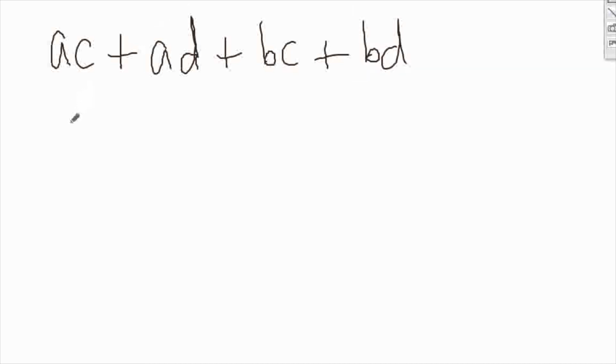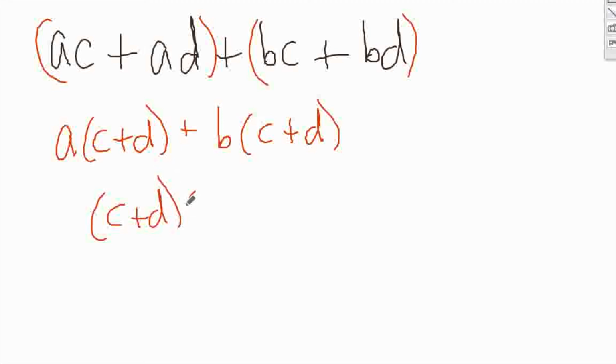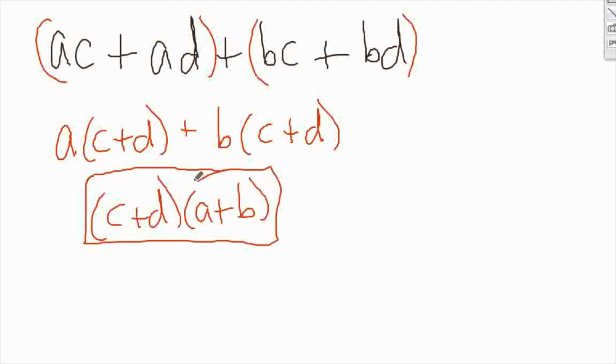Alright, so I'll go ahead and work it out. So group them this way. The first pair you can factor out an A, and the second pair you can factor out a B. Okay, and then they have C plus D as the common factor now, and so there you go. There's the fully factored form.